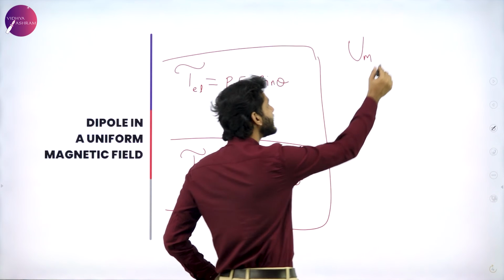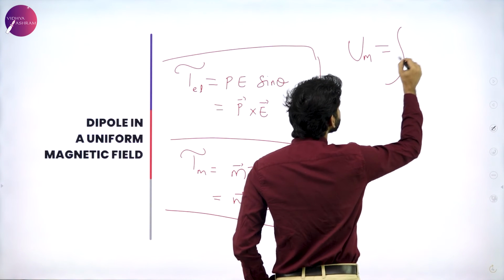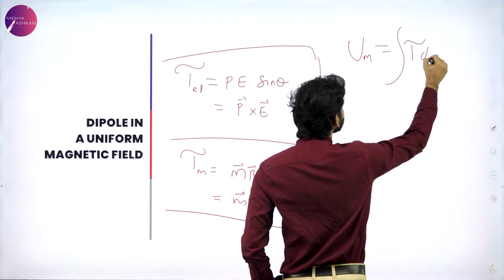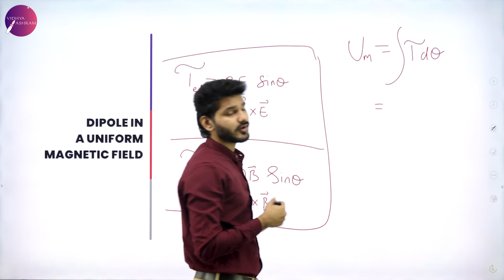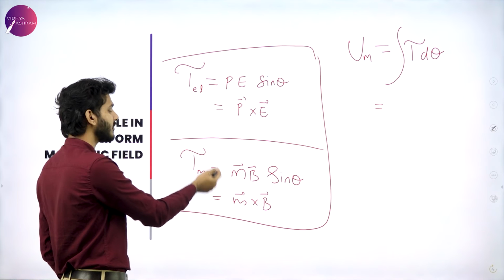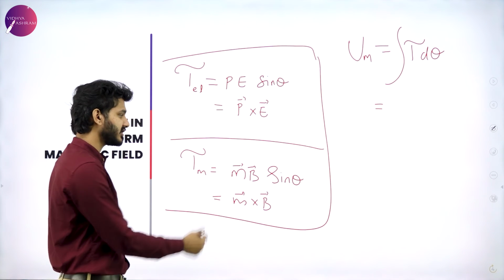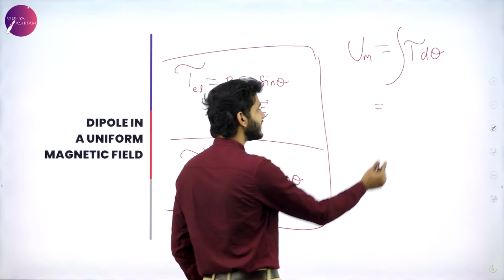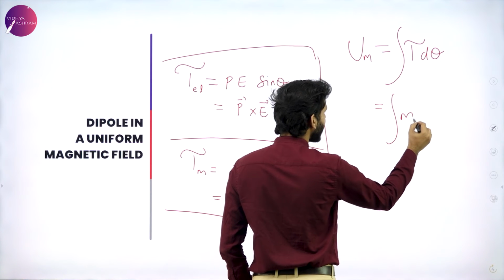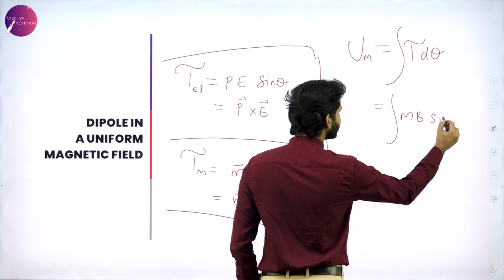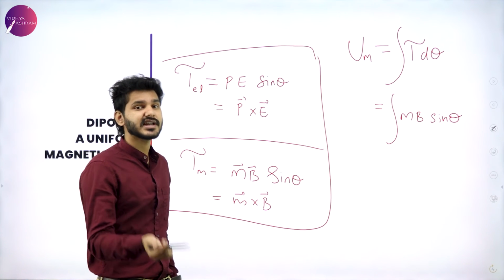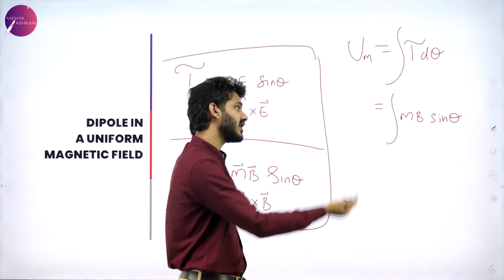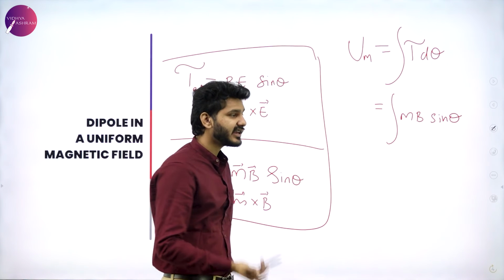So the potential energy will be equal to the integral of tau d theta. Then the expression for tau, or simply torque, is given by M cross B, or simply MB sine theta. So it is equal to the integral of MB sine theta. In the electrostatics chapter, we assumed the angle to be from theta 1 to theta 2 and then we generalized it.